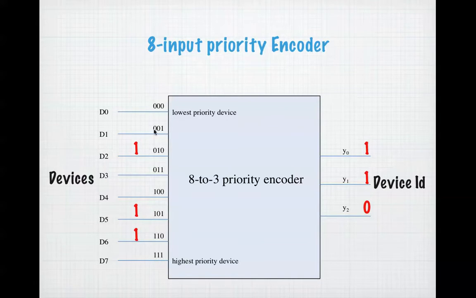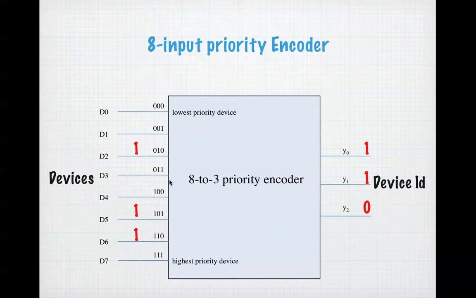So when a number of these devices make a request, as in this example, D2, D5, and D6, the one with the highest priority, which is in this case D6, receives the service that it requests.